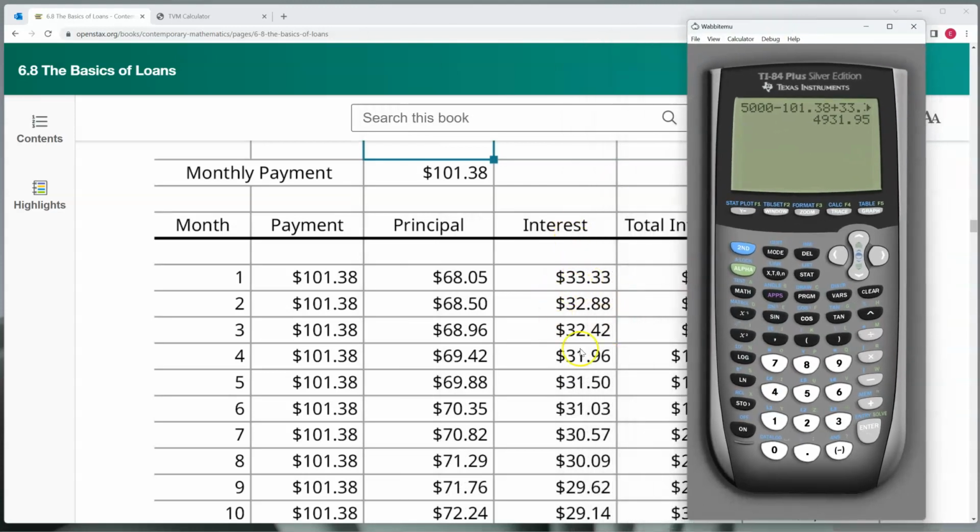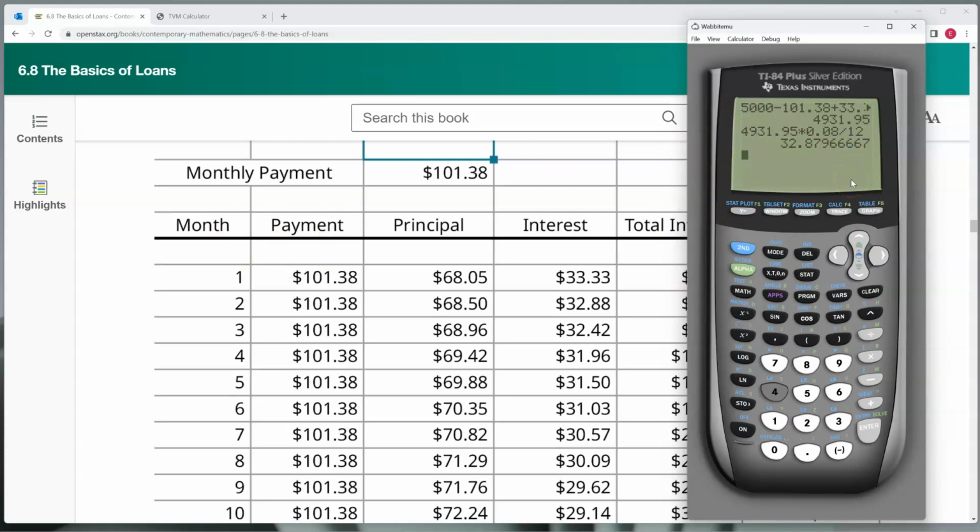Well, then the next month you're going to be charged interest. So that's this number. Well, where did that come from? Well, that's your balance. So that's the $4,931.95 times the interest, which in this case was 8%, so 0.08 divided by 12 because it was a monthly interest. And so you can see that's $32.88. So that's where we get this interest. And so we're going to calculate your next month's balance, because you're paying the same thing every month.